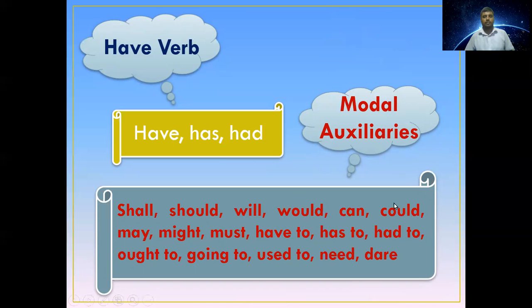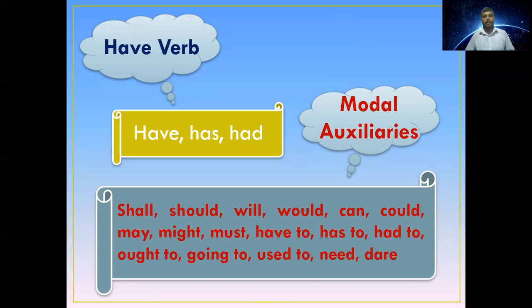There are many kinds in the shape: shall, will, should, would, can, could, may, might, must, have to, has to, had to, ought to, going to, used to, need, and dare. I say again, you follow me: shall, should, will, would, can, could, may, might, must, have to, has to, had to, ought to, going to, used to, need, and dare.